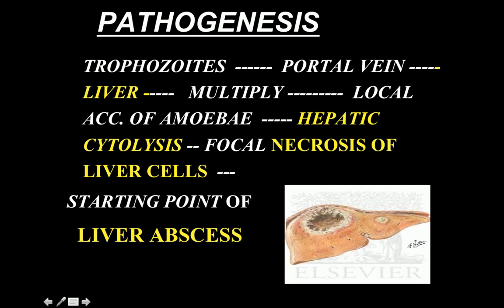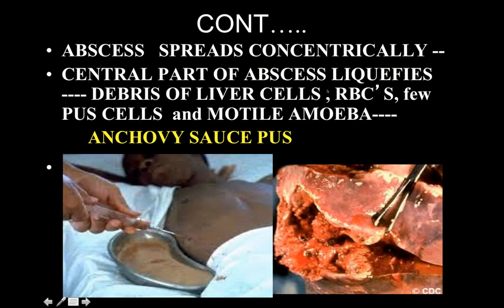Now from this side, the trophozoites start moving to the periphery, and the abscess spreads concentrically, and the central part of this abscess liquefies, resulting in formation of anchovy sauce pus.